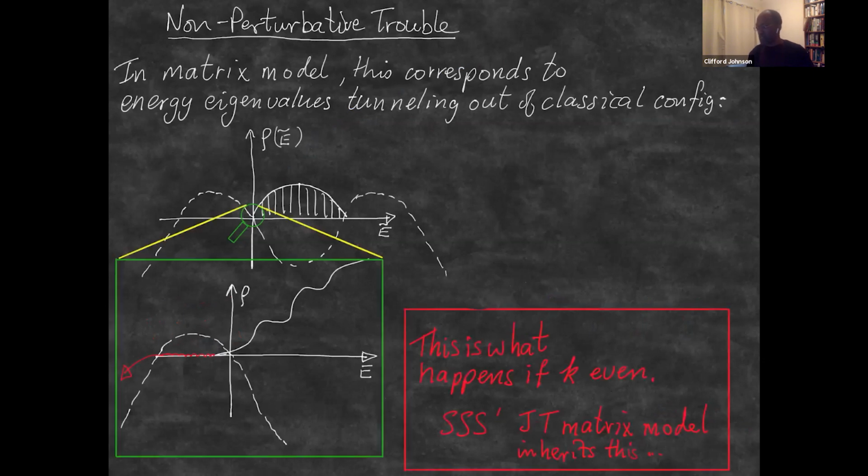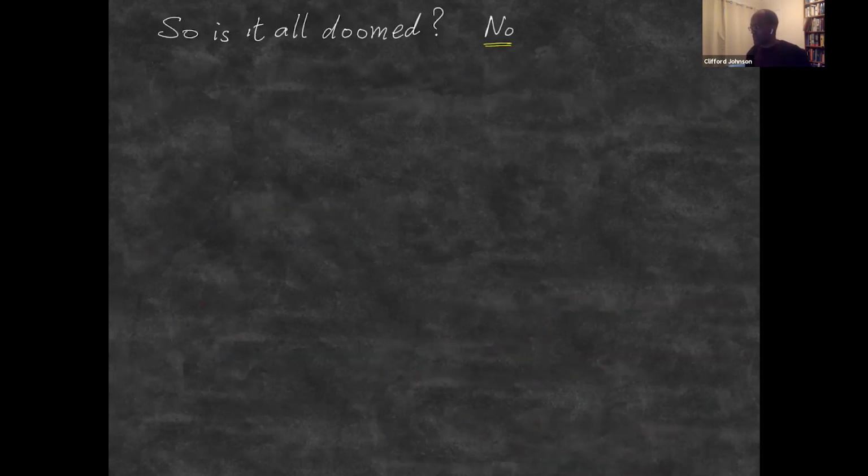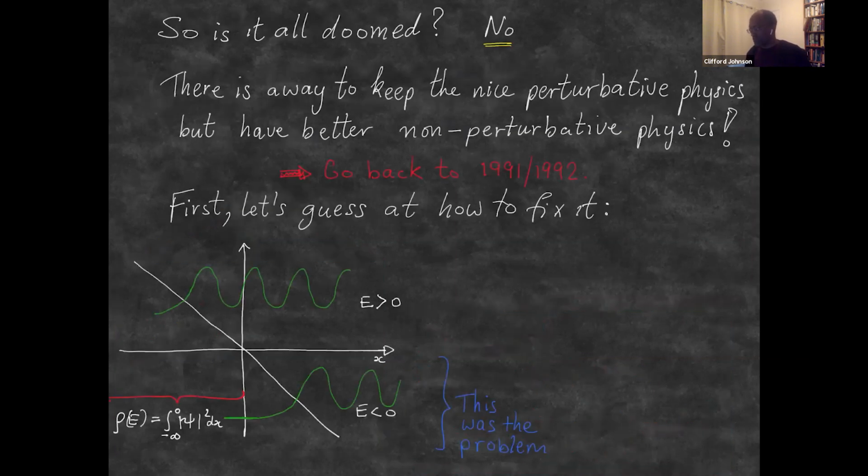I'm just going to skip a little bit because I don't want to take too much time. So all sorts of things happen. This is the clue for how you would fix the non-perturbative problems, which is what I first started thinking about in this context in a paper last December.